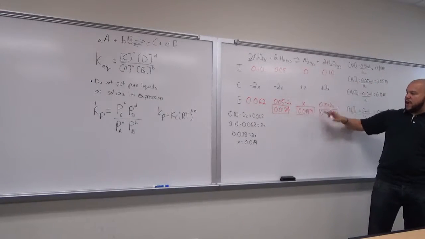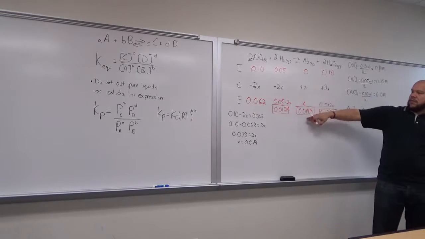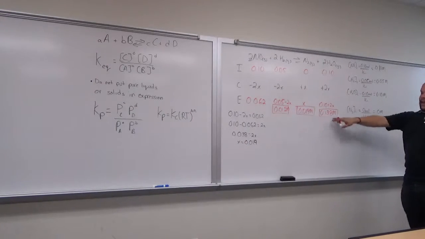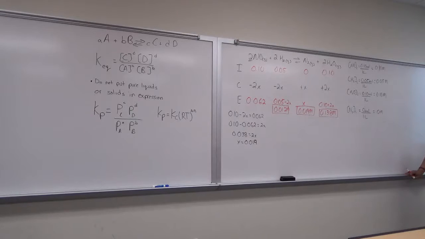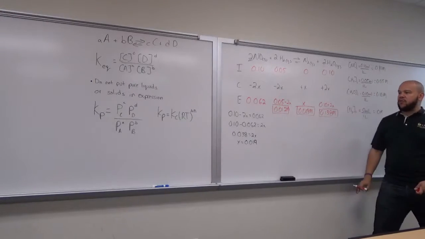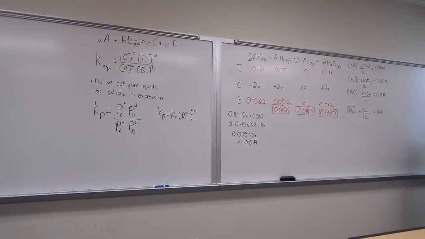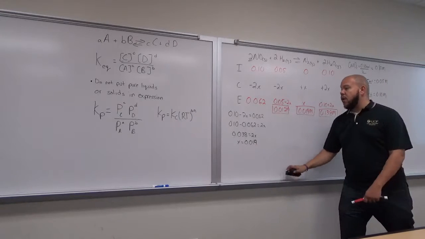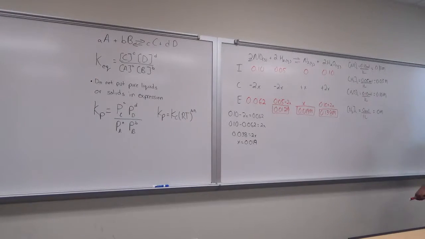Now we have to solve for x in each of these other equilibrium concentrations to give us final equilibrium concentration. And now that we have all 4 equilibrium concentrations, we can then go to the KEQ or the KC and solve for the last part of the question.